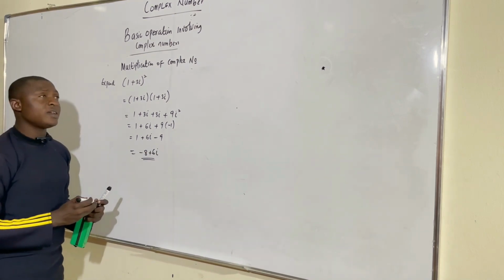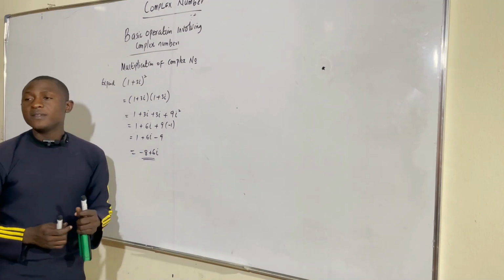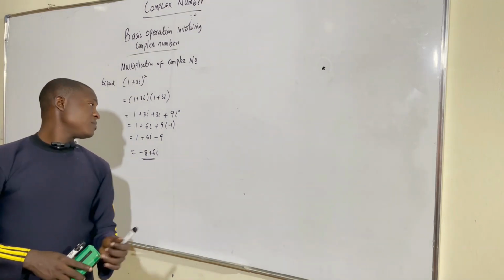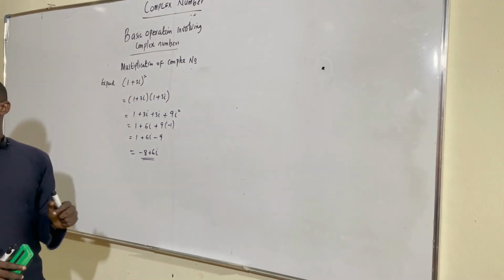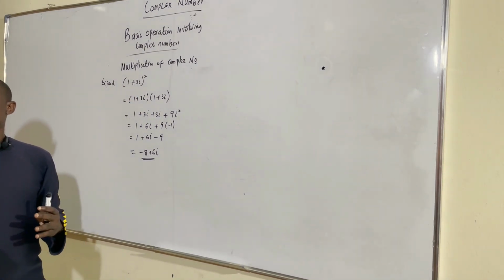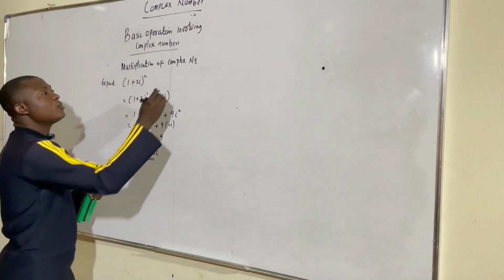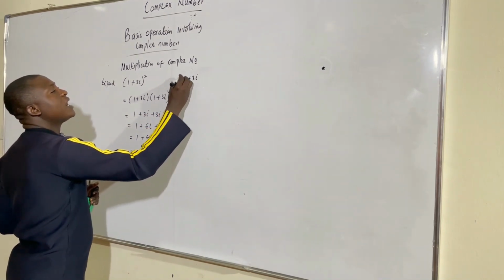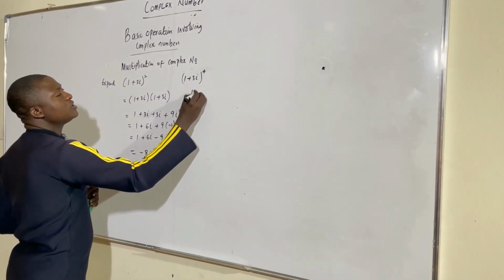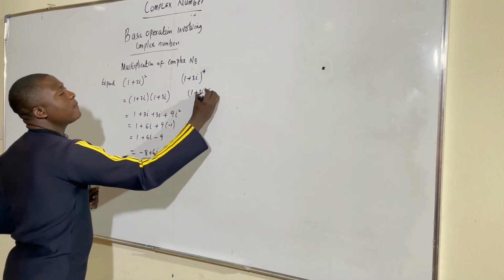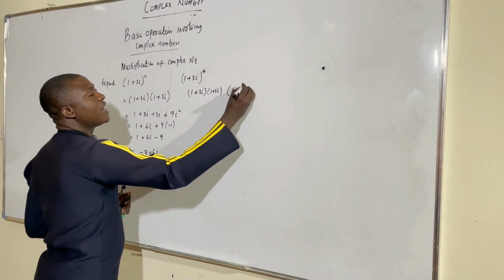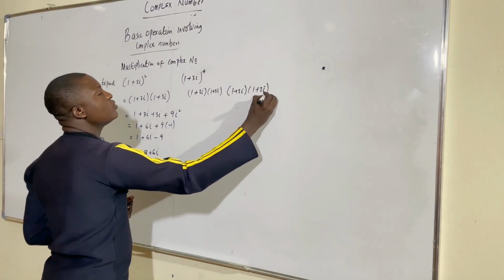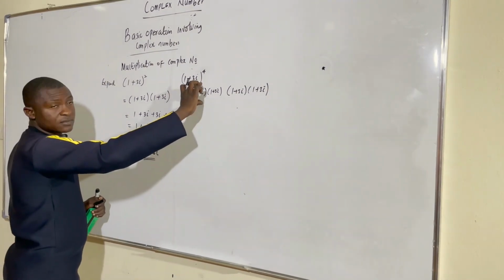Even if the power is not 2, let's say the power is 3, you should follow the same process. Maybe we are given 1 plus 3i raised to the power of 4. I'll just expand them one after the other: (1 plus 3i)(1 plus 3i)(1 plus 3i)(1 plus 3i). I will solve the first two first.